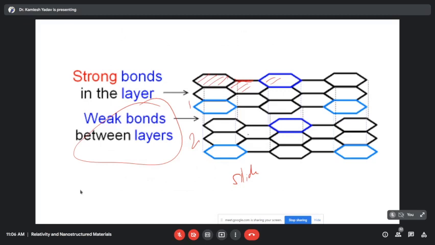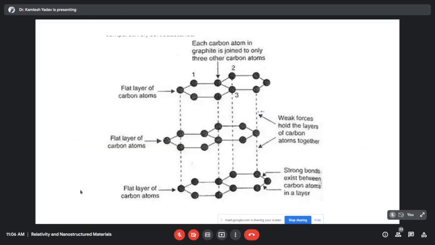Because between the two layers there are very weak van der Waals forces of interaction, so if you apply a small force it can easily break up. That is why you can write easily using these leads in a pencil.